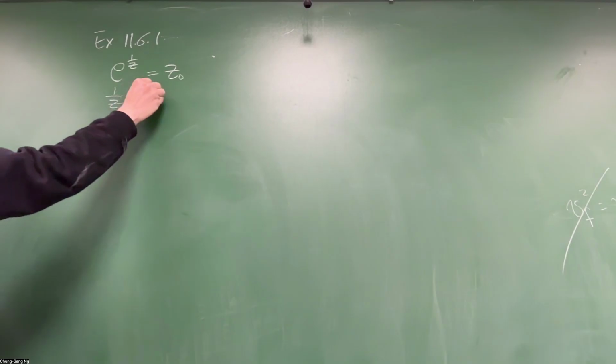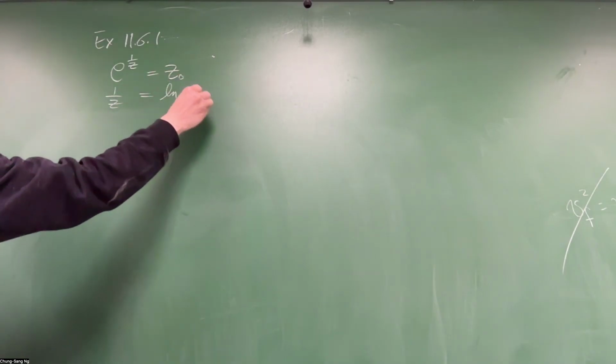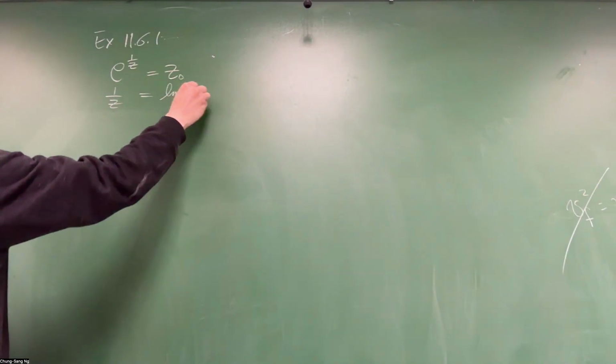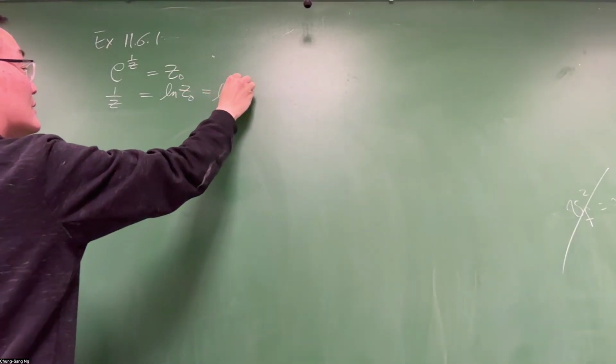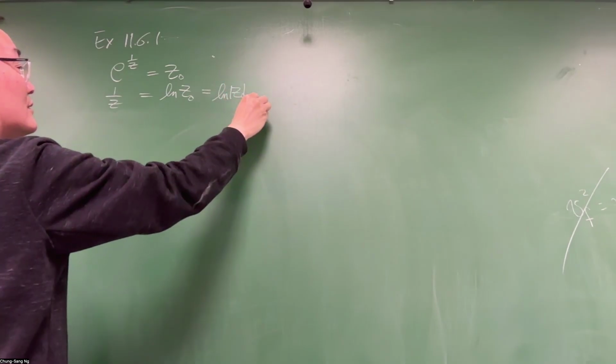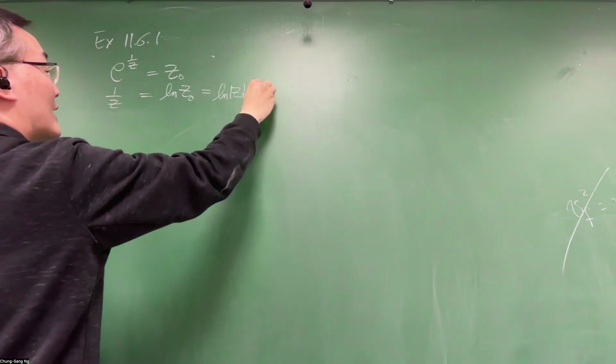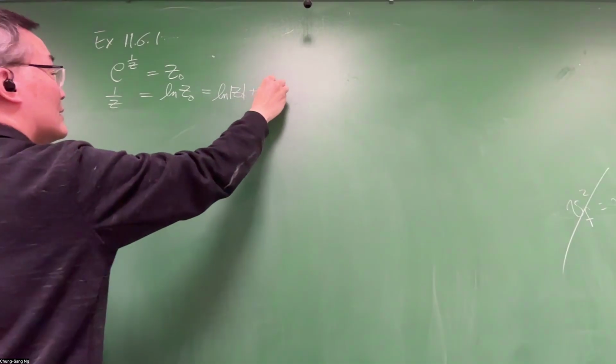So 1 over c is log c sub 0, which is the log of the magnitude of c sub 0 plus i times the phase angle.